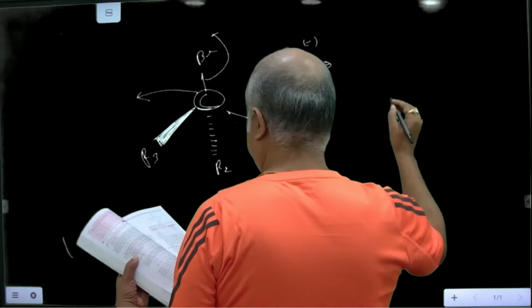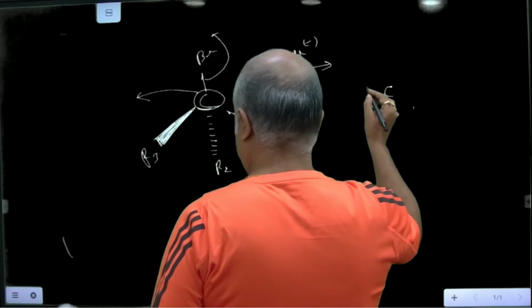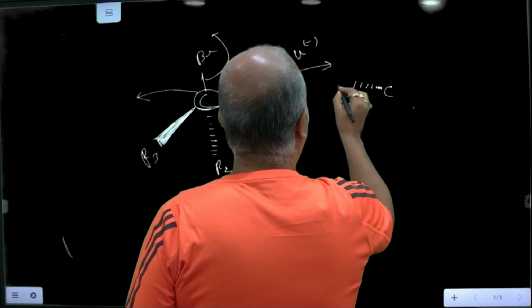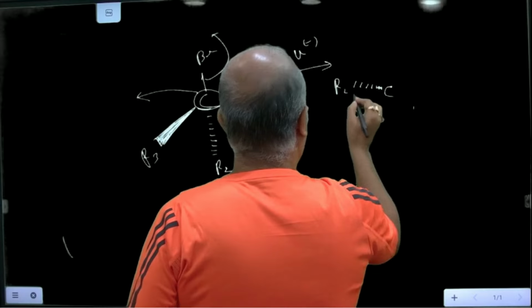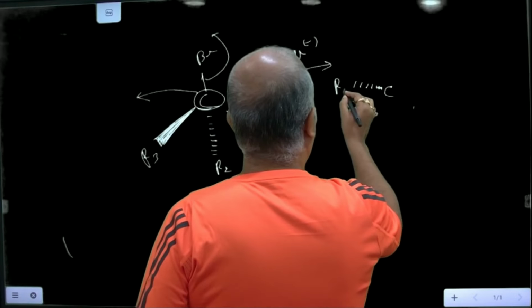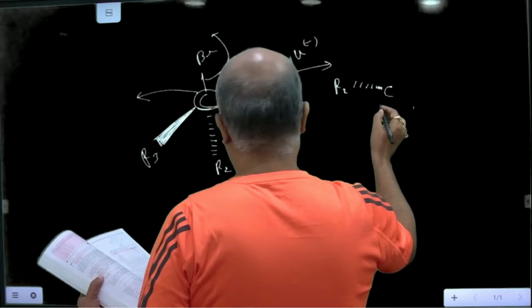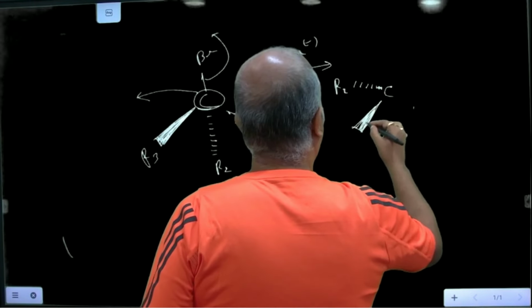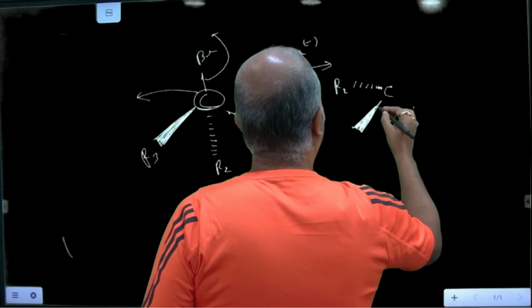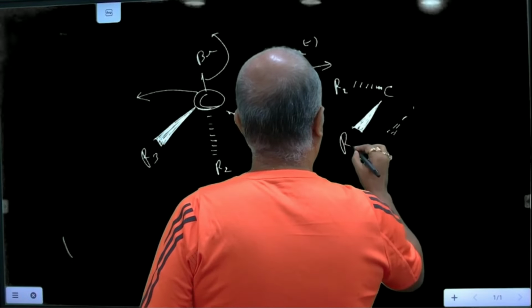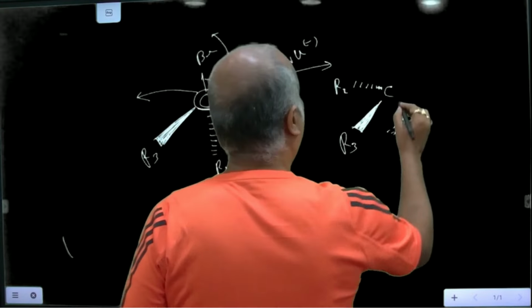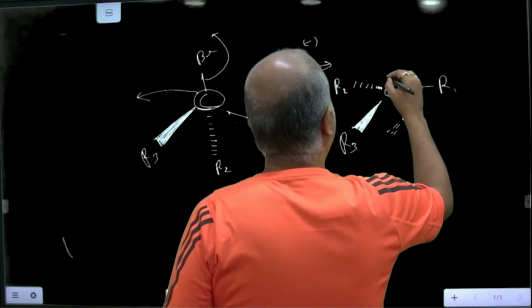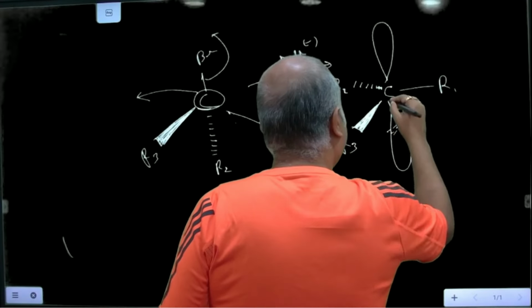First, you will get that carbocation, with R2, R3, R1, and there is a vacant position.